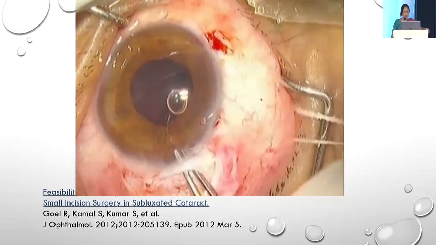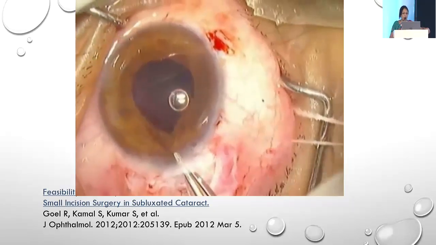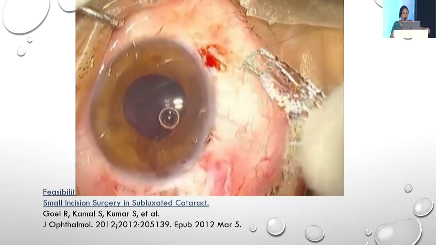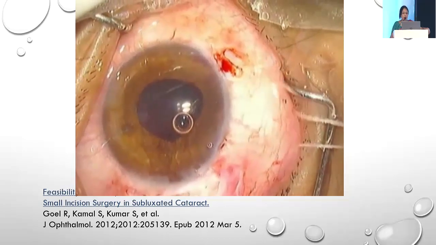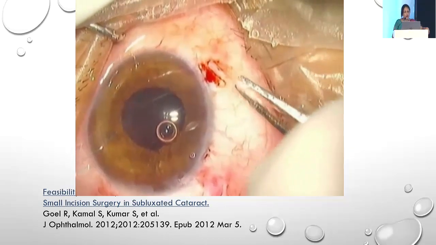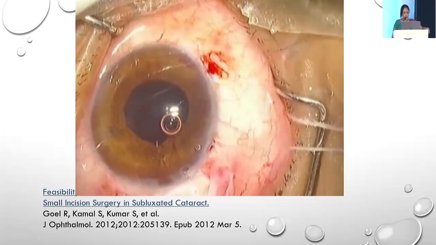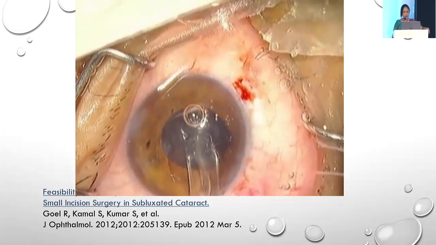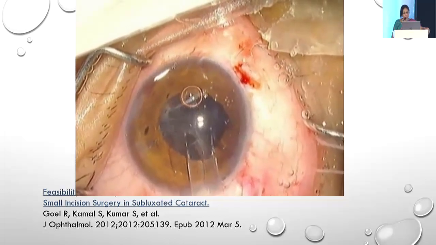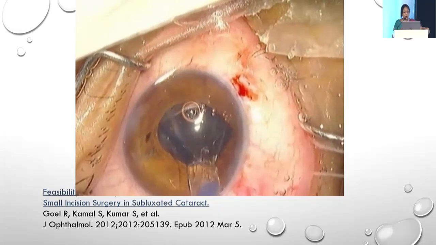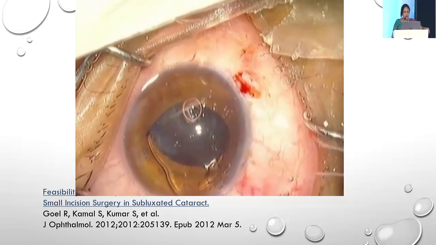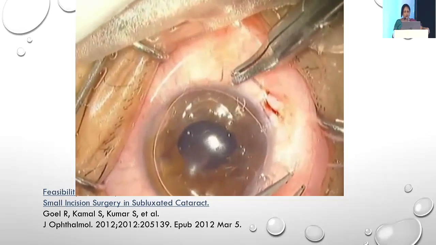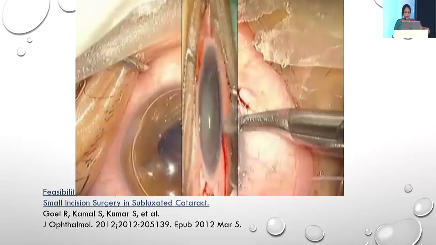You push in this Sioni device, and then remember your rhexis size is small, so don't try to push in a PMMA lens. Go in for a foldable lens. I have used a foldable IOL, and you insert it directly into the bag. No pushing and pulling and dialing in these kinds of cases, because your zonules are already compromised. So this is how you fix the device.